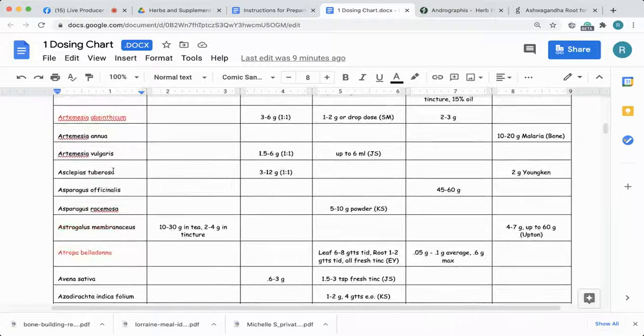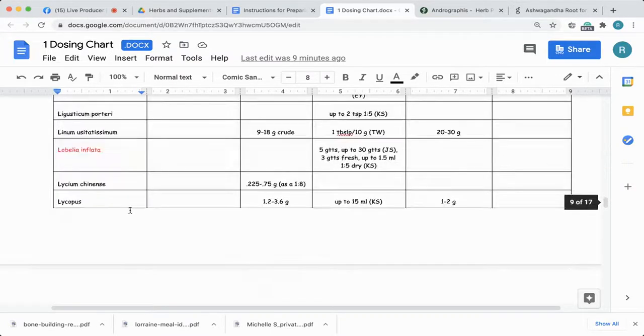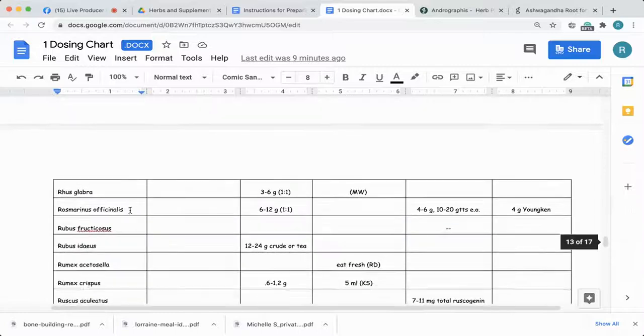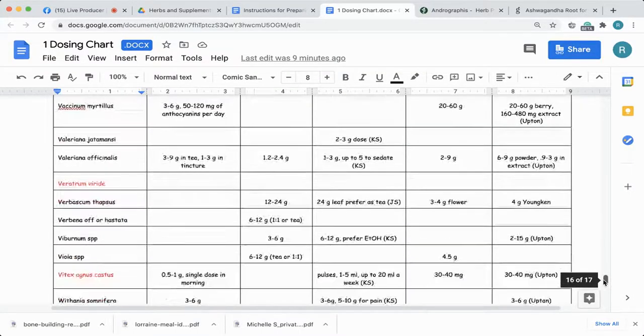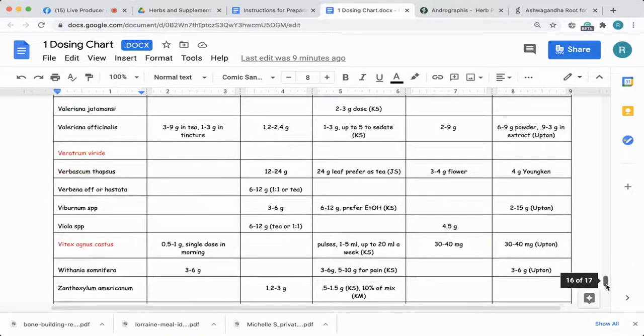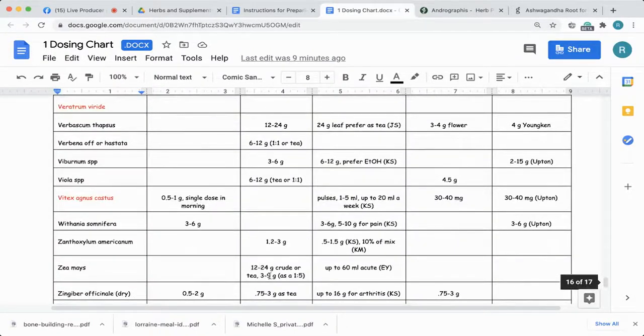We'll have to add it. I can tell you a typical, oh, you know why? Because I'm looking it up by the wrong, see, I just made the cardinal mistake. Ashwagandha is Withania somnifera. It's not going to be listed under the A's. It's going to be listed under the W's. There we go. Can't not have ashwagandha on here.